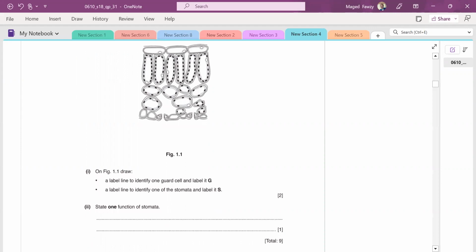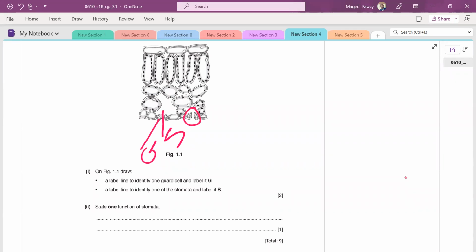So in the first question, he's asking you to draw a label line to identify one guard cell and label it G. Please don't draw an arrow. You should label it using a label line and write G. A label line to identify one of the stomata and label it S. This stomata is this one, so please focus and you need to label it S. This is the guard cell.